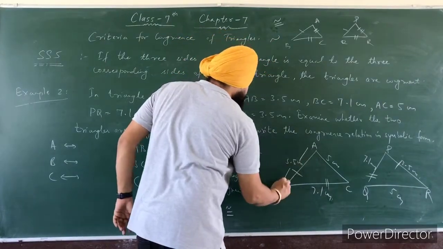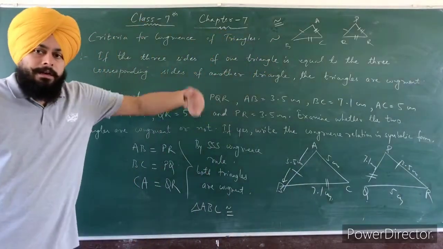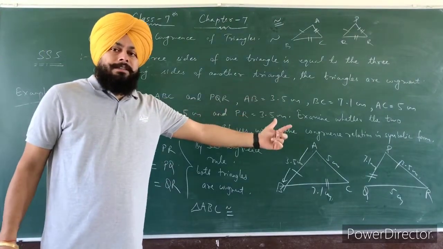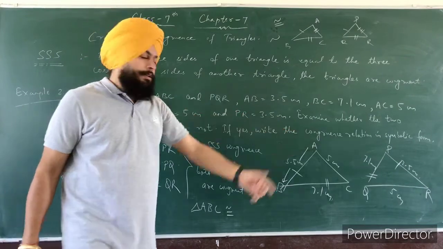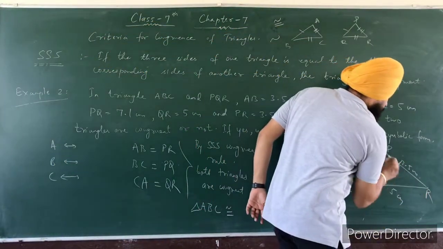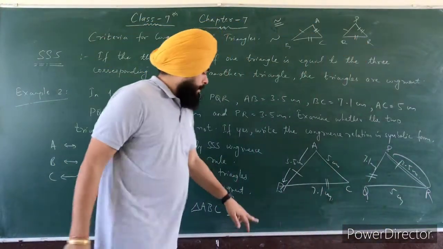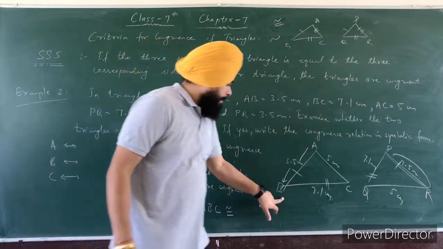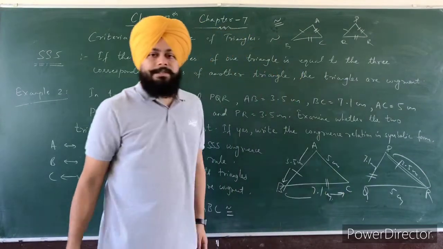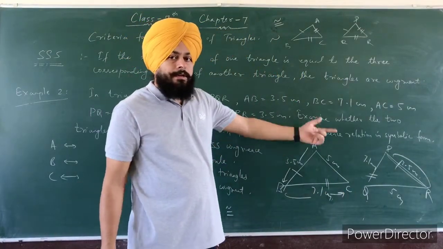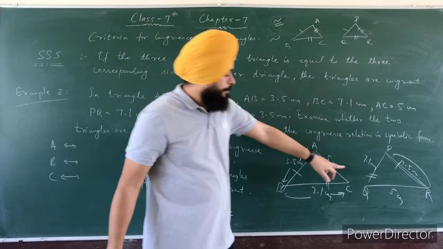In the other triangle, the 3.5 length is of which side? Check it. PR. This one. After that, BC. The length of BC is how much? 7.1 centimeter. So check in the other triangle, the length 7.1 is of which side? This one, PQ.